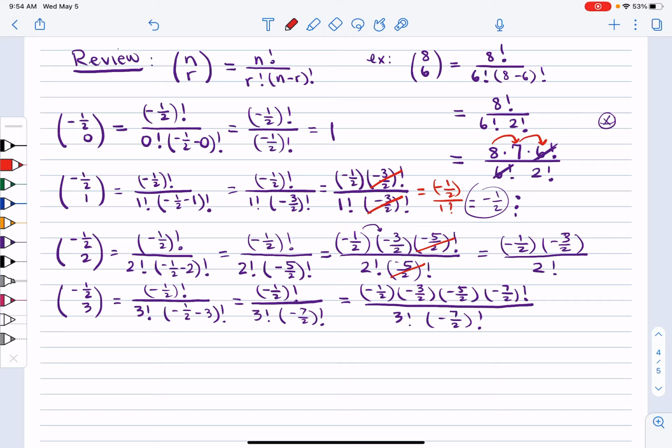One more time, we can simplify the factorials, and you can see what your answer is. So this is going to be negative 1/2, negative 3/2, negative 5/2 over 3 factorial.